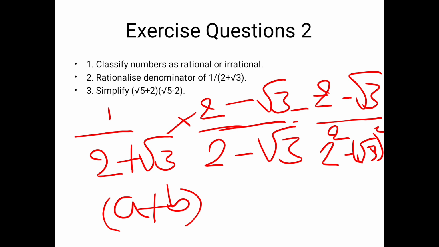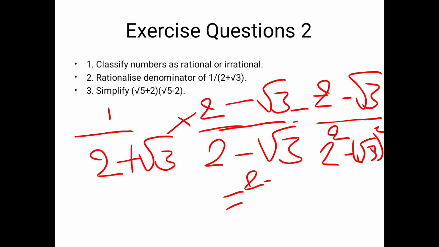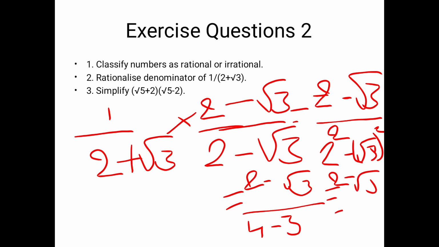The denominator is in this form, so I have written 2 square minus root 3 whole square. Our intention is to rationalize the denominator only. The numerator will be an irrational number, that is 2 minus root 3, and in the denominator we get 4 minus root 3 whole square, which is 3, so 4 minus 3 is 1, and I get 2 minus root 3 divided by 1. So we have rationalized the denominator.